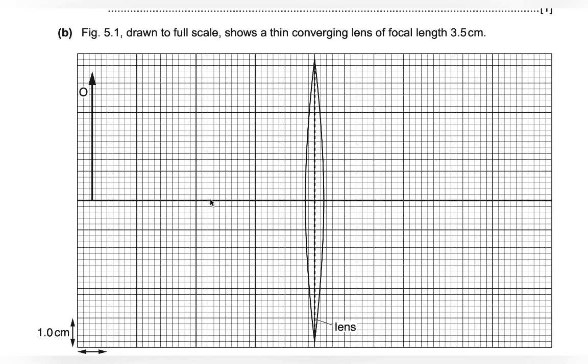So here is where we're going to put our focal point, F. You count also to the right side: 1, 2, 3, 3.5 is here. You put F here also. So we put F here and we put F here. Those will be your F, your focal points, which are 3.5 centimeters away.